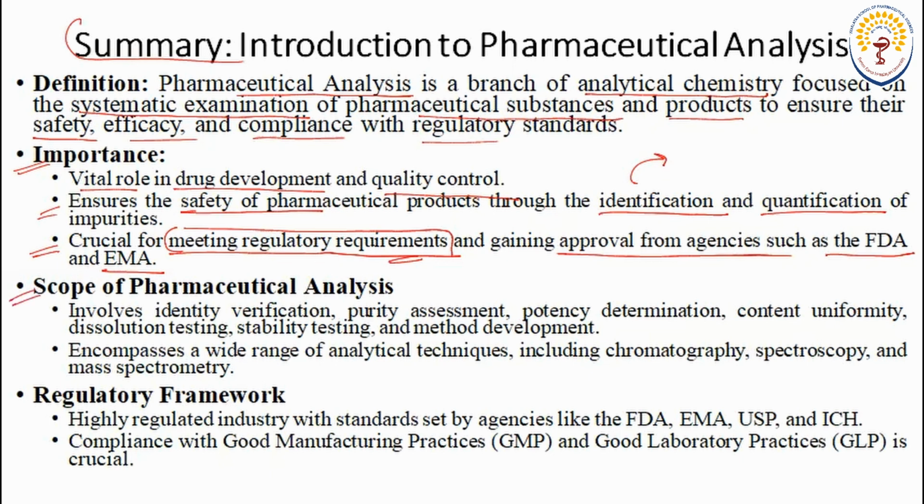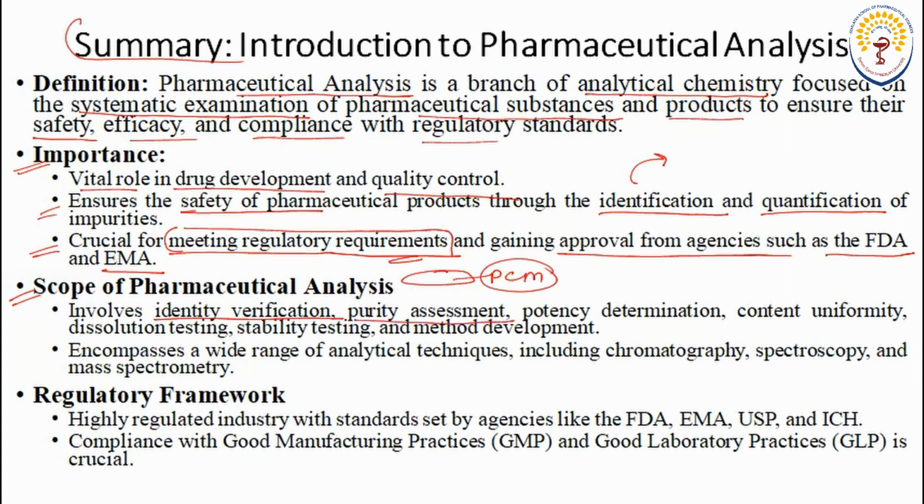Now what are the scopes of pharmaceutical analysis? It is applied in identity verification. That means, for example, if we have a tablet of paracetamol, we are checking that paracetamol is present in our tablet, not some other drug. So we are verifying the identity.